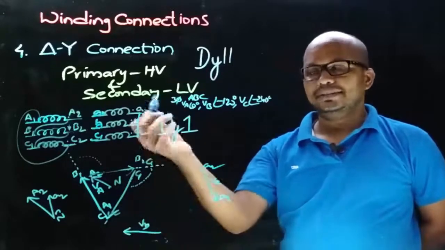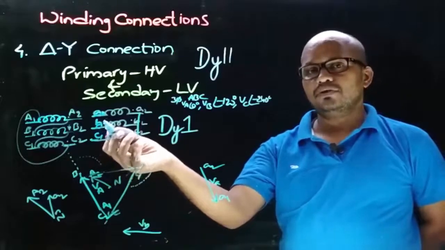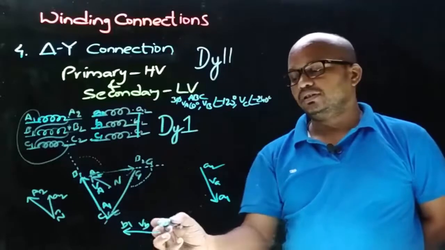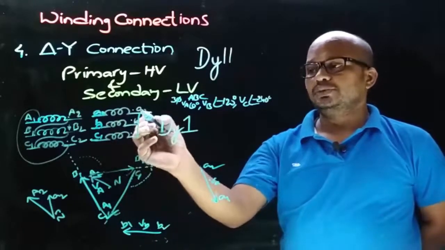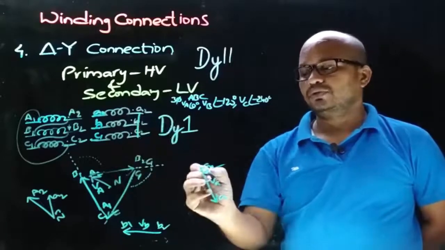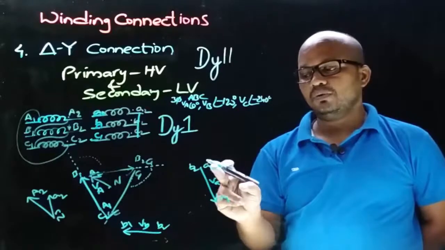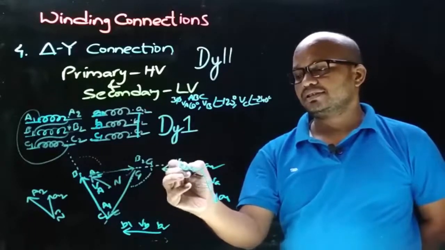Now let's decide the terminals of the VB phasor, and observe that the connections are taken from the non-dot end terminals. Therefore the arrow will point towards B1, and the other end will be B2. Observe from the connection that A2 is joined with B2, so place this VB phasor such that A2 will have the B2 terminal. Therefore the phasor is like this.